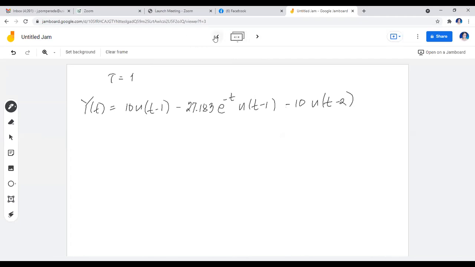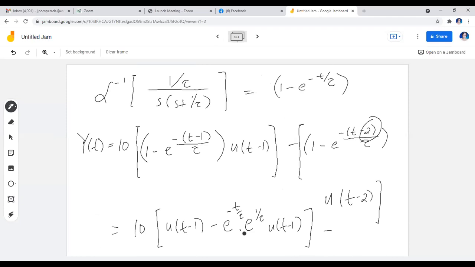And just like what we did here, instead of having e raised to 1 over tau, for the second term it would be e raised to 2 over 1. And that should be multiplied to 10, and to u of t minus 2.